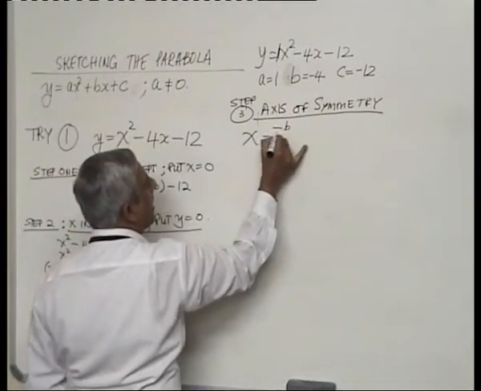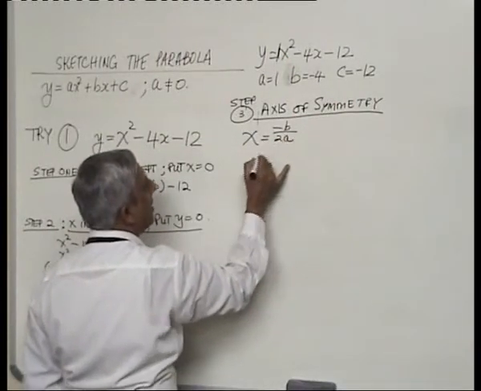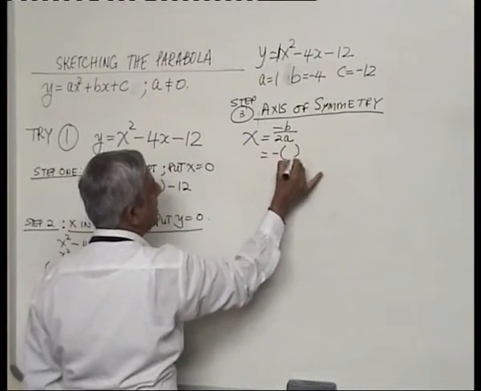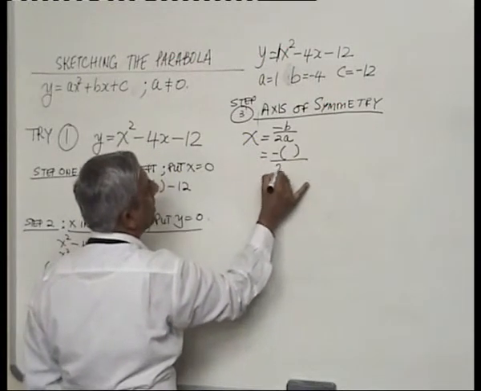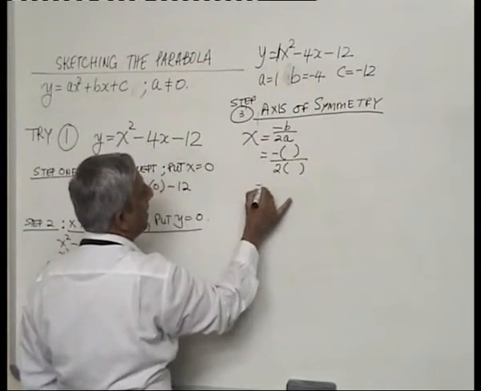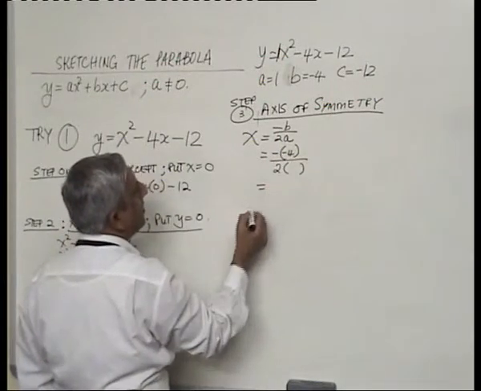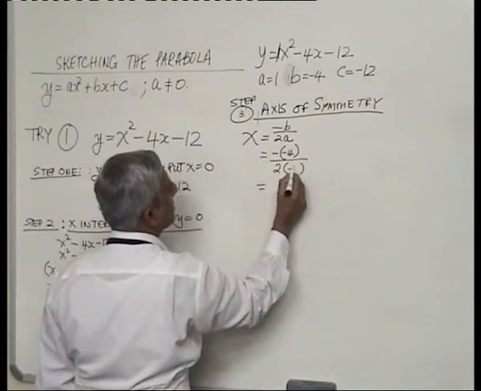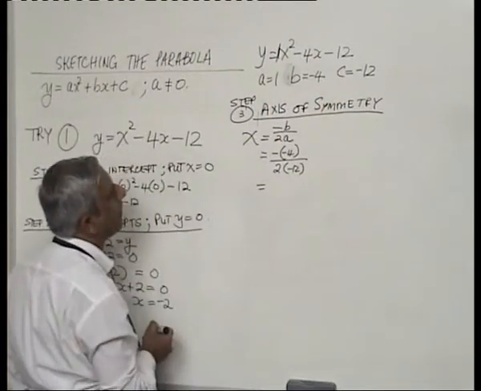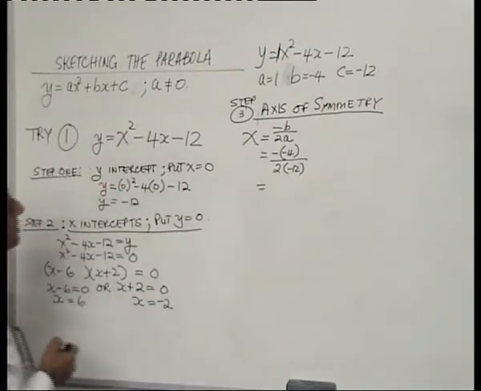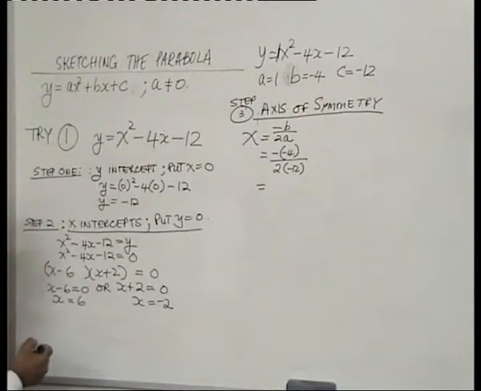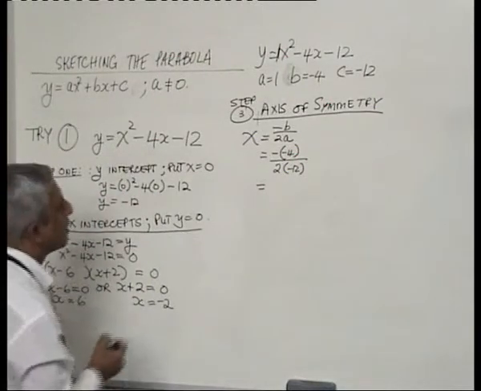So your formula is minus b over 2a, which gives you minus into the value of b over 2 into the value of a. Right, let's check this up. b is minus 4, c is minus 12.